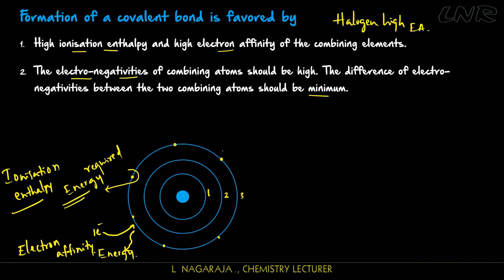That is, the electronegativity of that atom is to be very high. For example, let us take the chlorine molecule, right? The chlorine molecule has two chlorine atoms.